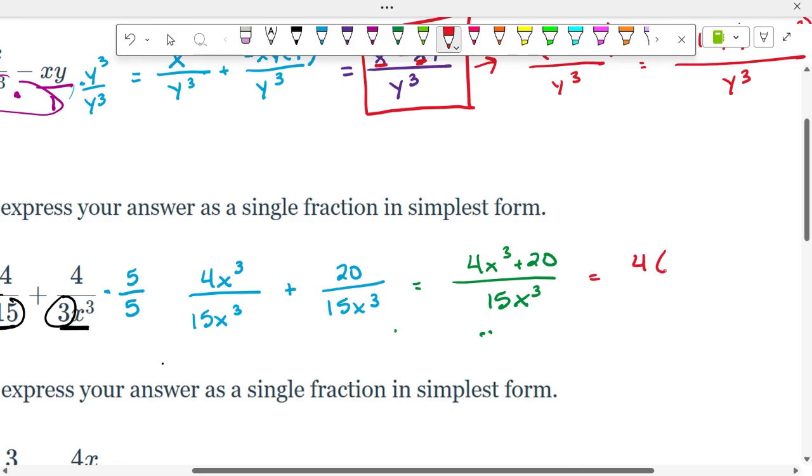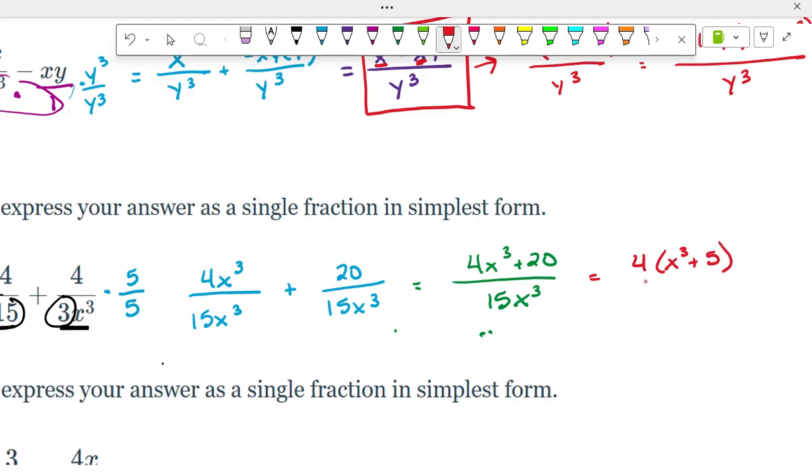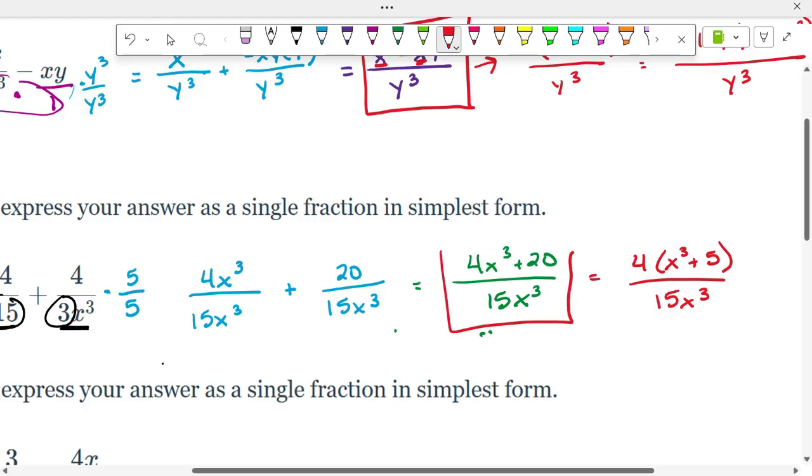So that'll be 4 times x cubed plus 5. Anything I can cross out or simplify? It's definitely no. You can't simplify 4 over 15. The x cubes you can't touch because of that plus right there. So we leave it like this.